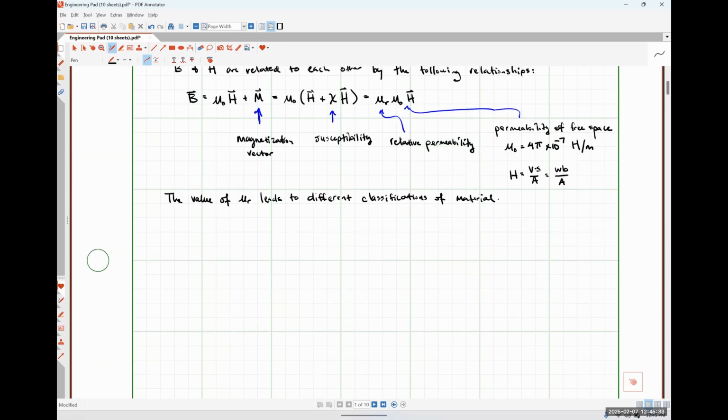So when mu r is less than 1, this is what's known as a diamagnetic material.